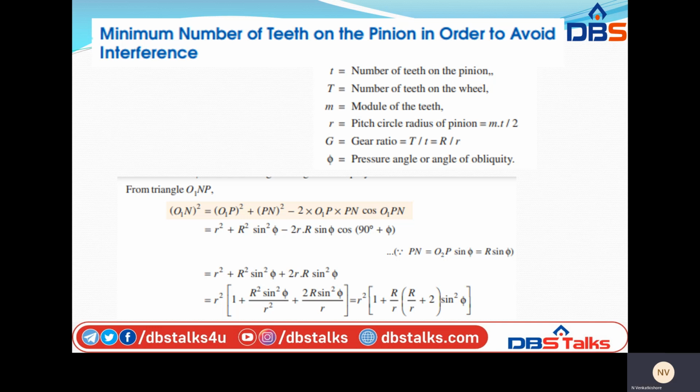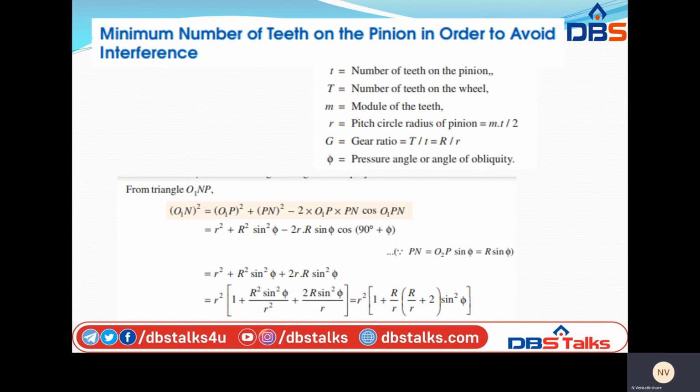So for that the limiting condition is reached when the addendum circles of the pinion and the wheel pass through the points N and M. That is where there is a tangent and the normal.